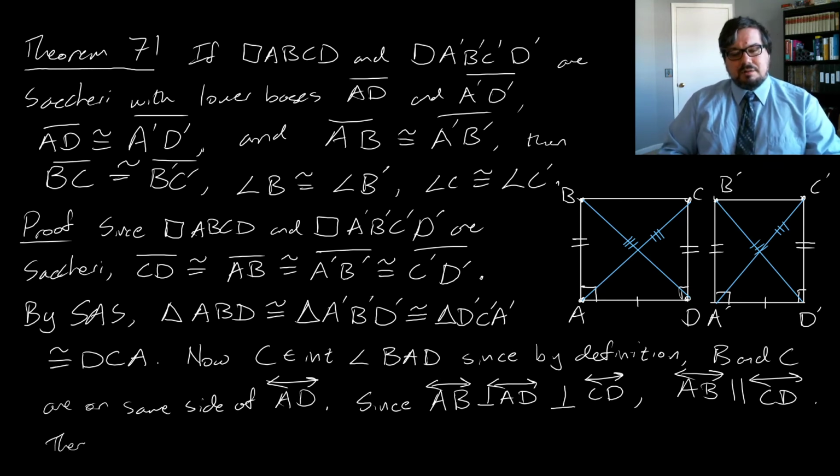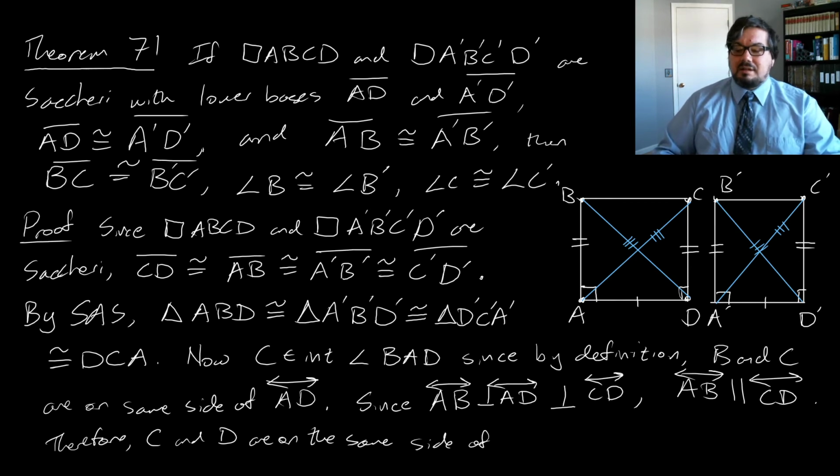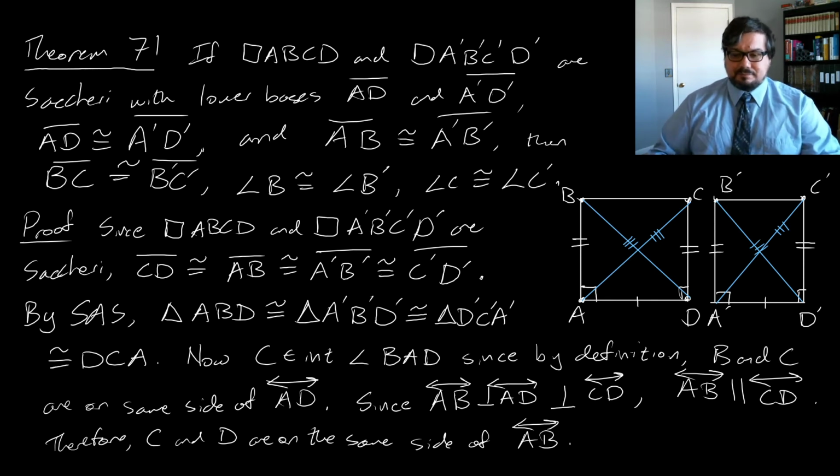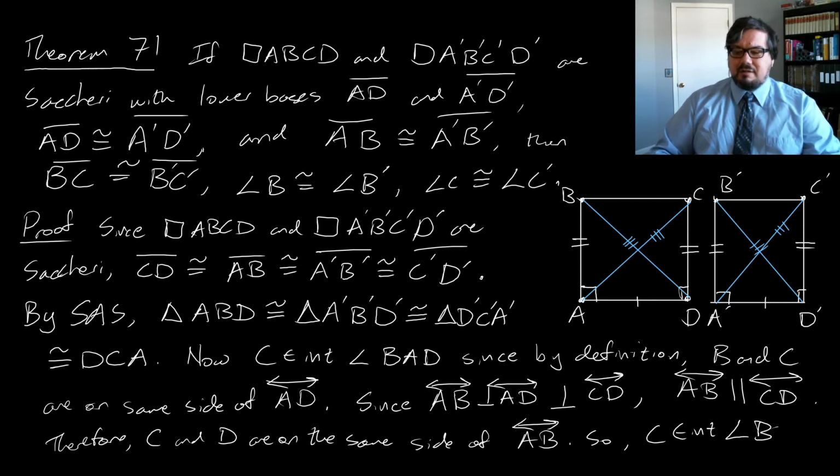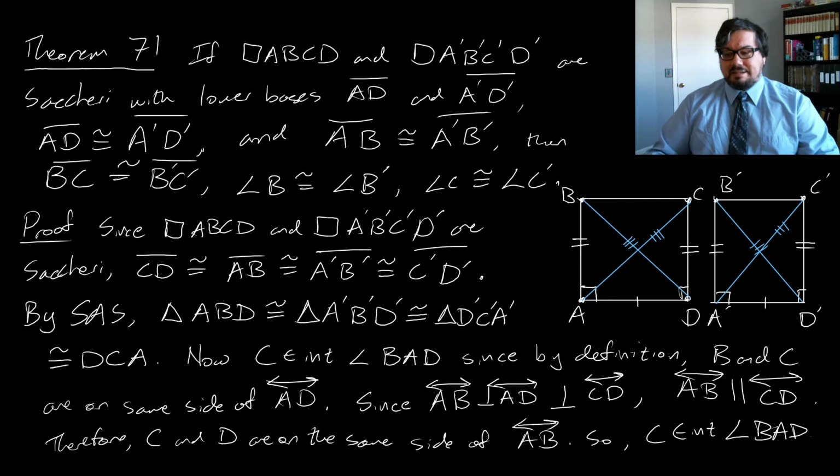So therefore, C and D are on the same side of line AB, which is the second part of what we needed for the interior statement. So just restating this, C is in the interior of angle BAD.